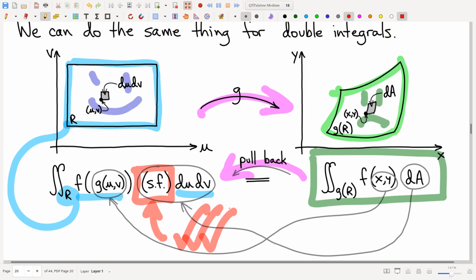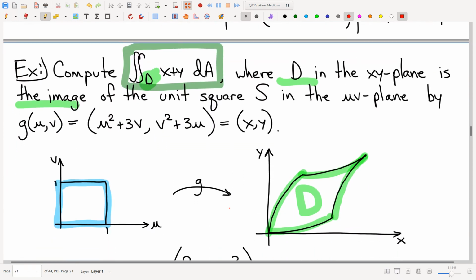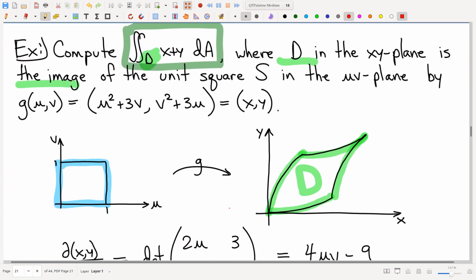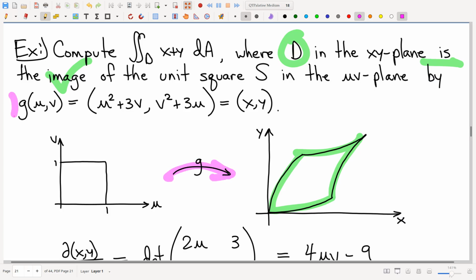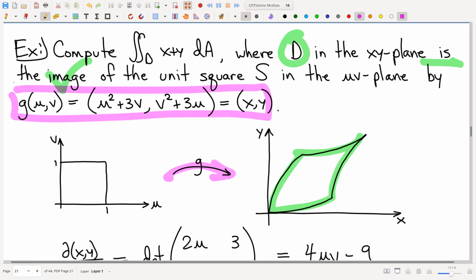And that's what we're going to do on this example. In fact, most of what I need is given in this question. We are given that our domain here, D, is the image. We are given the function by which it is the image. That's going to be our change of variables function.